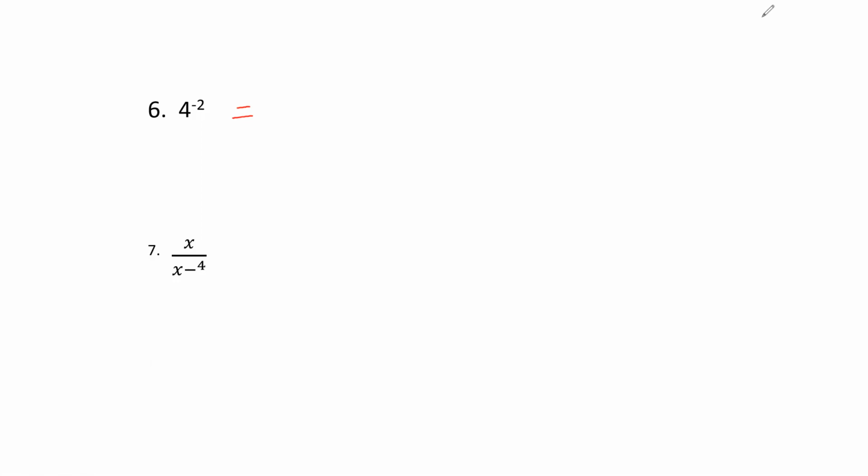To get rid of the negative, I'm going to move 4 squared to the denominator, and it gets rid of the negative. Now I need to solve 4 squared. 4 times 4, 16. So a negative exponent just means that it lives at the bottom, in the denominator.